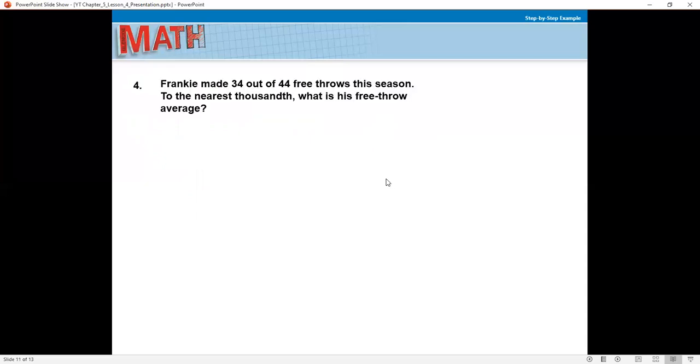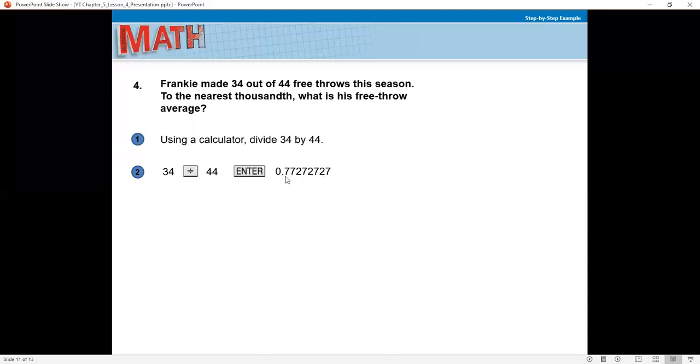Number 4, Frankie made 34 out of 44 free throws this season. To the nearest thousandth, what is his free throw average? Using a calculator, divide 34 by 44. They're showing you how to use the calculator, use tools efficiently.